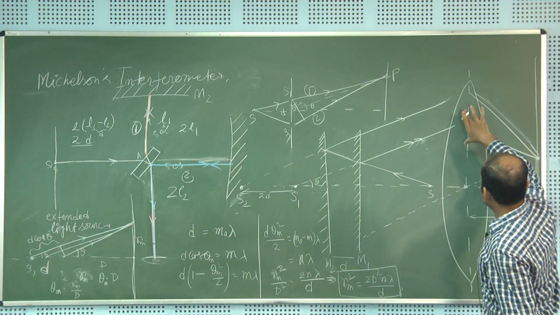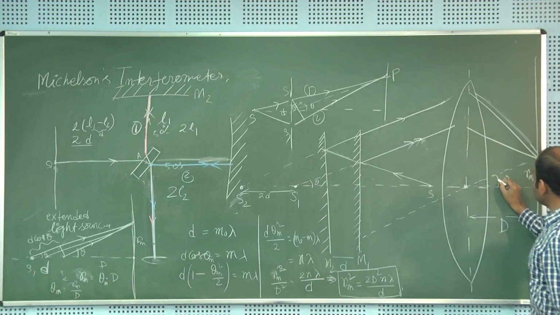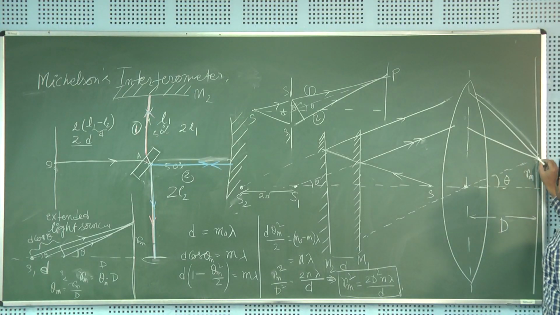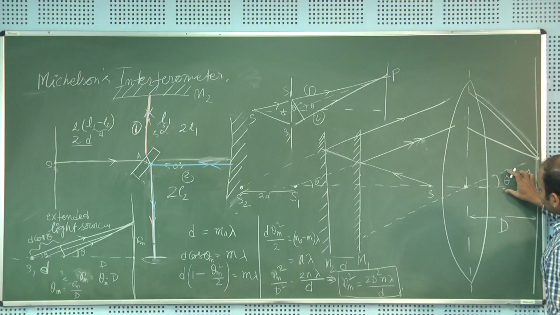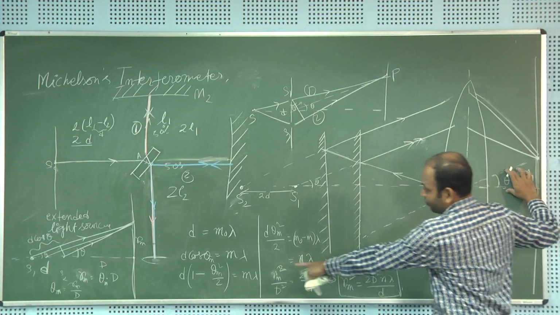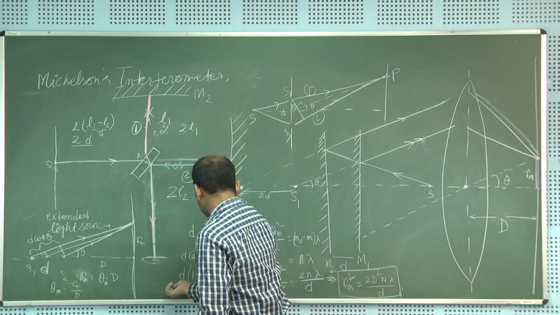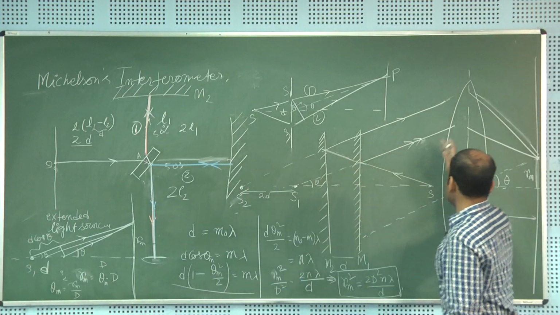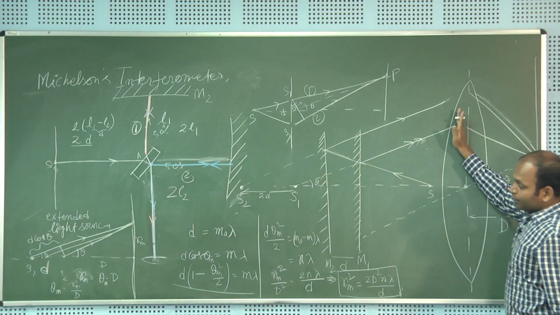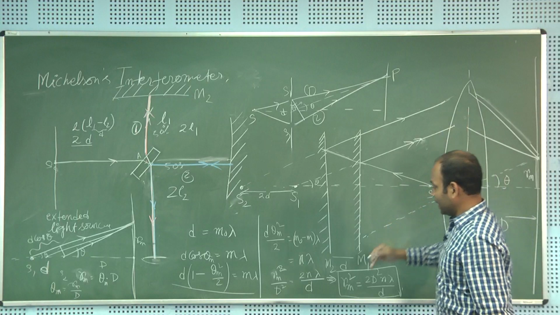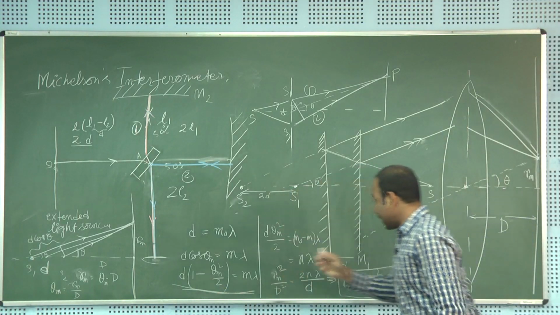So, we use a lens here, but this angle is theta. This would still be valid even if we do not use the lens, so we are good even if we do not use the lens up to here.